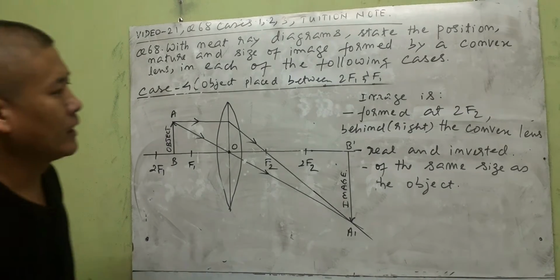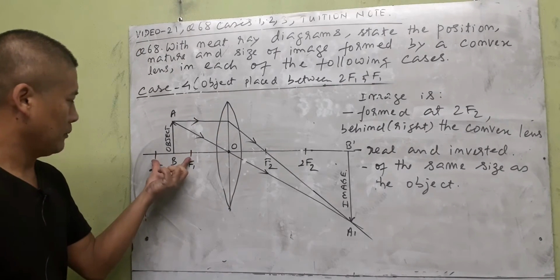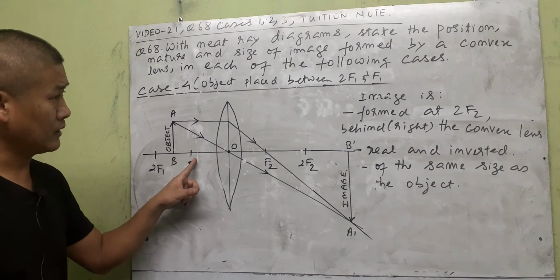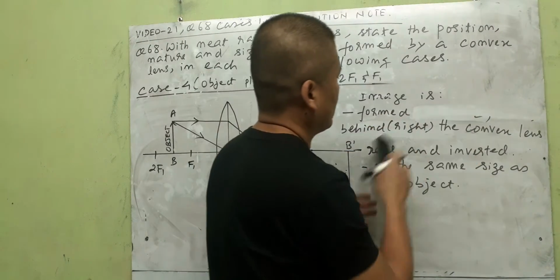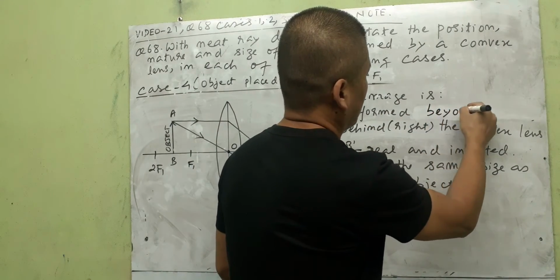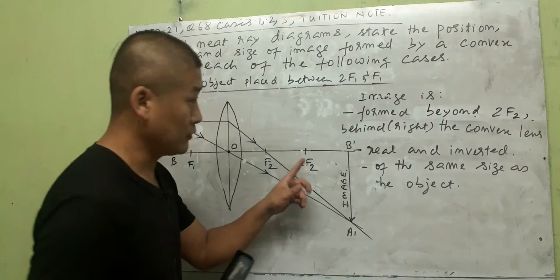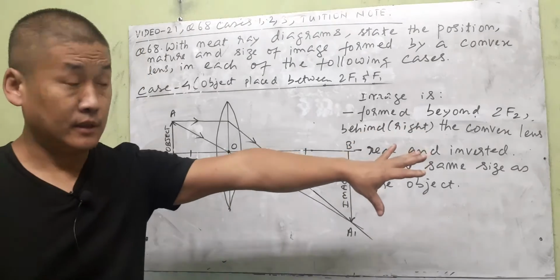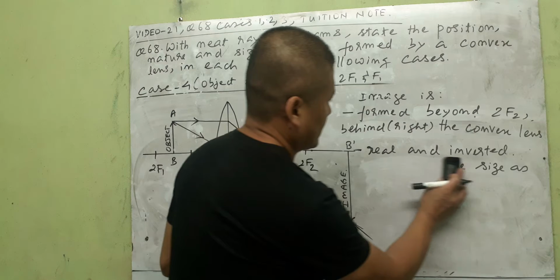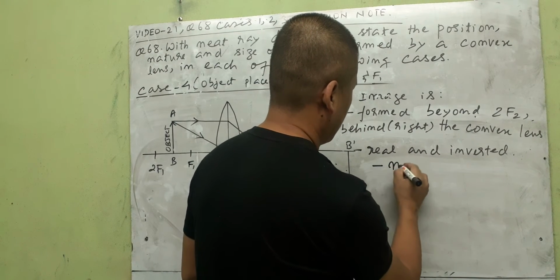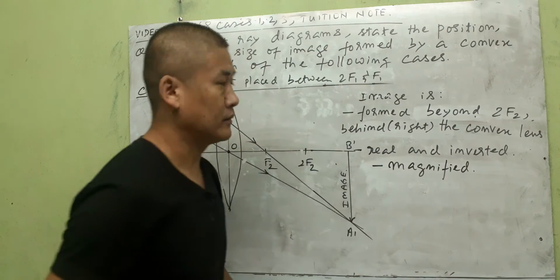So here now, image when the object is between 2f1 and f1, image is formed beyond 2f2, sorry, beyond 2f2, behind or right side of the lens, still real and inverted. And now the image is for the first time bigger than the object, so we write there magnified, right? This is case 4.